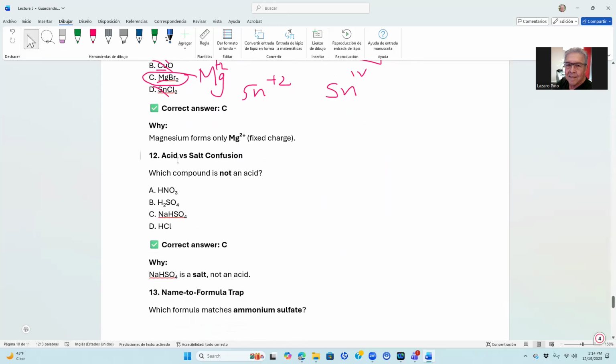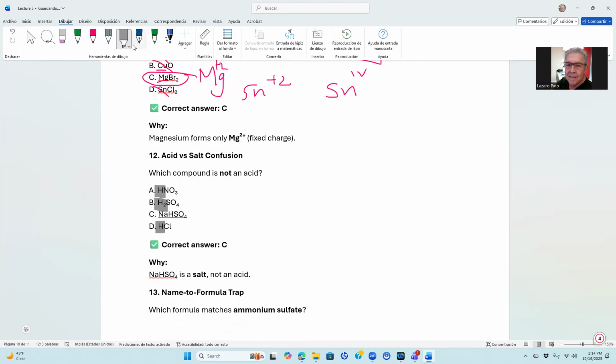Here we have another question. Acid versus salt confusion. Which compound is not an acid? Well, you can see here that you have hydrogen at the beginning, hydrogen at the beginning, and hydrogen at the beginning.